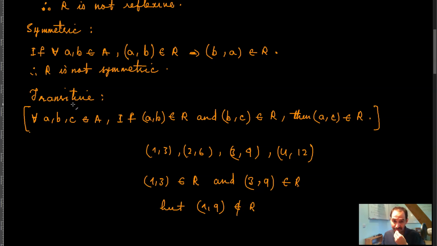But if you want to show that R is actually transitive, then you have to show all the possible cases, using logic. You cannot check a couple of values and say that R is transitive in this case, and in this case, and in this case, so based on these 3 cases I can say that R is transitive.